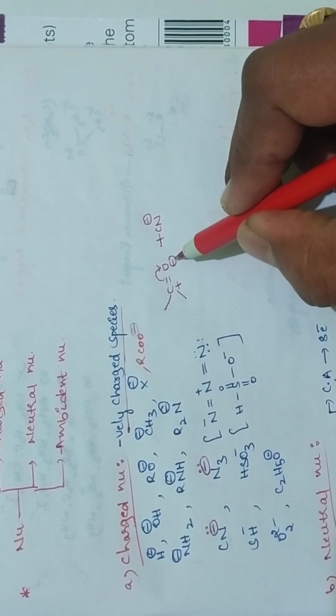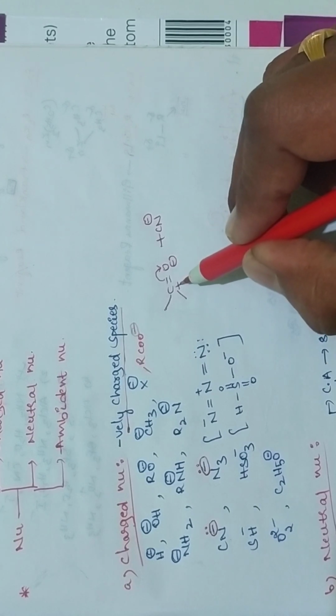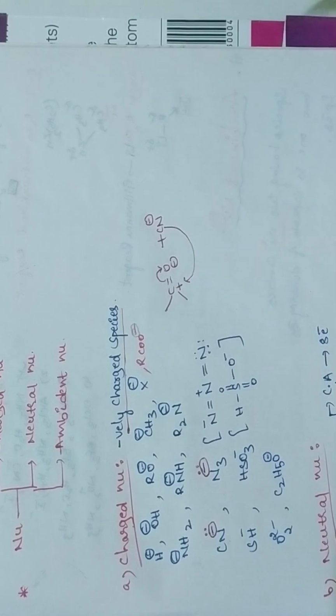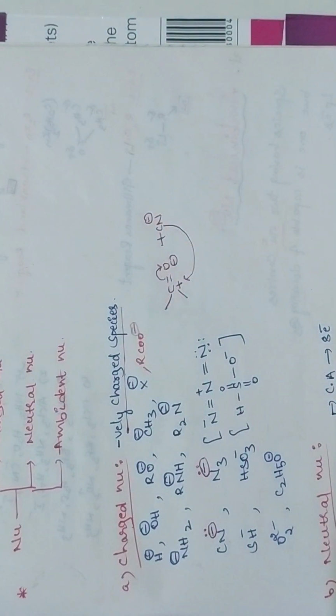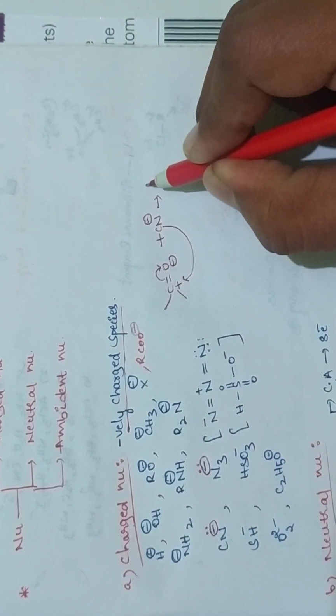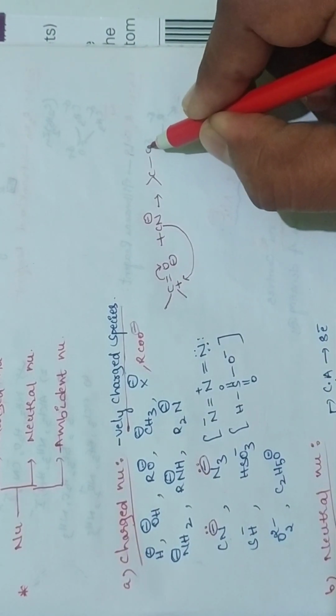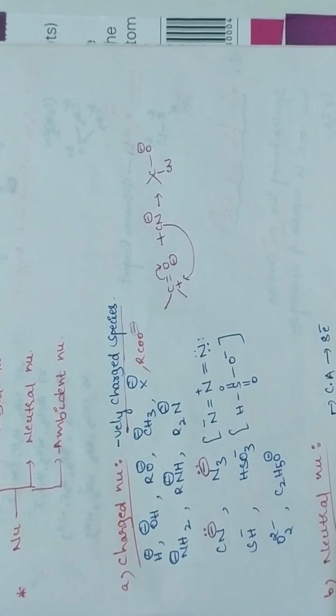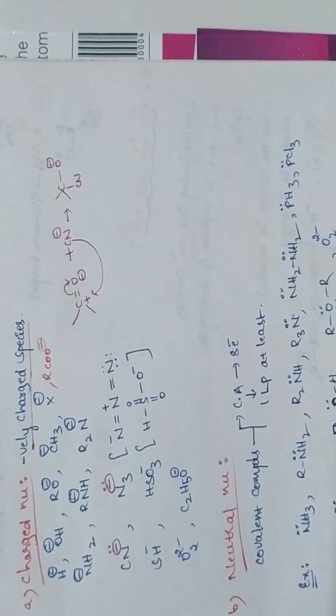Now this carbon is an electron deficient center, so therefore the nucleophile is attacking at an electron deficient site. Then what are we going to get? We are going to get CO minus. Then what do we get? Cyanide.